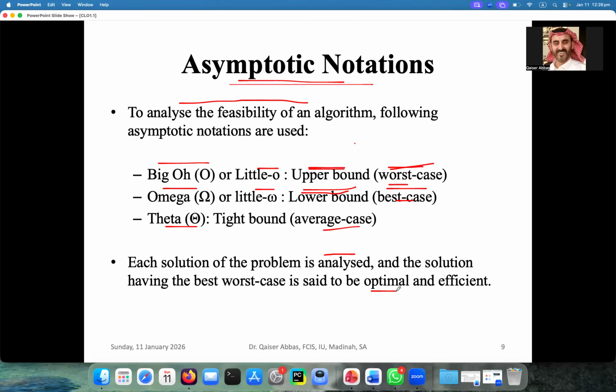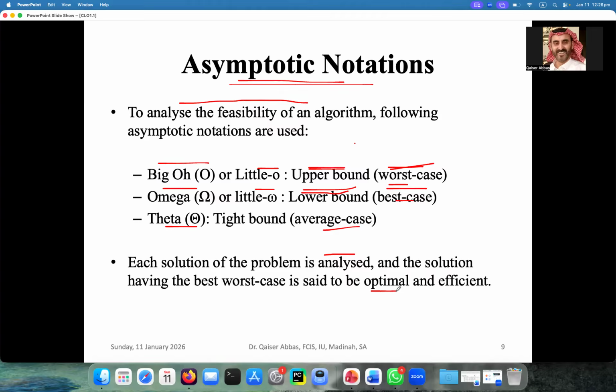Less worse, yes. So that is said to be optimal. What is optimal?